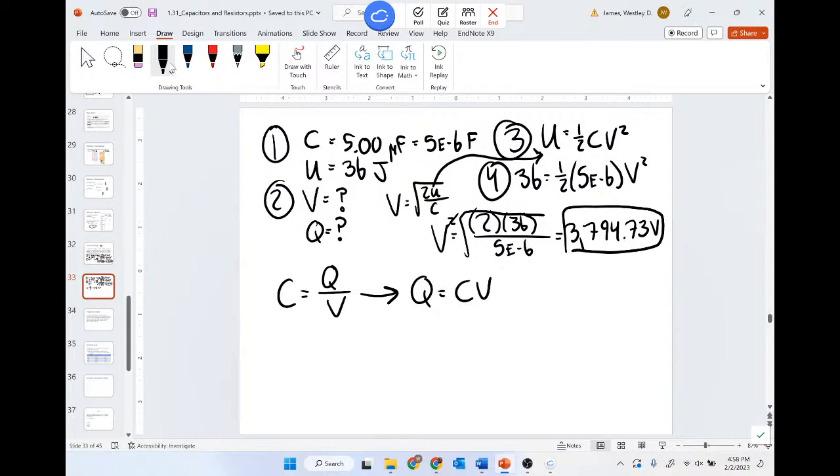Just multiply that V over. And that is going to equal 5e to the minus 6 times our 3,794.73. And we get a fairly good amount of charge. Where's my E?